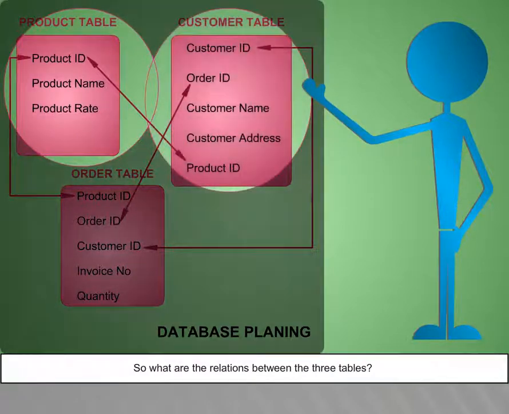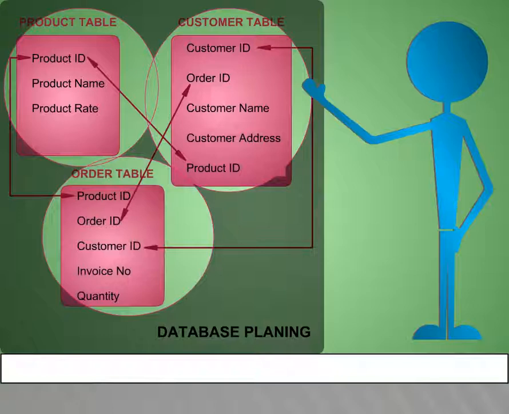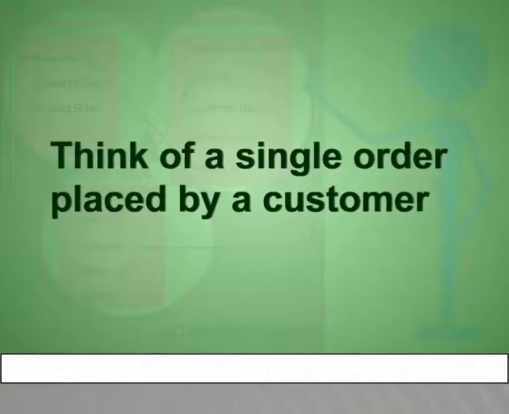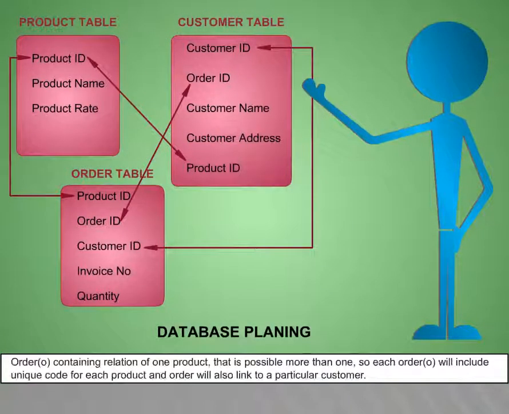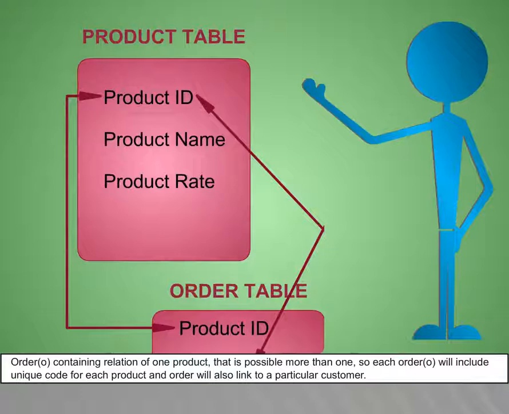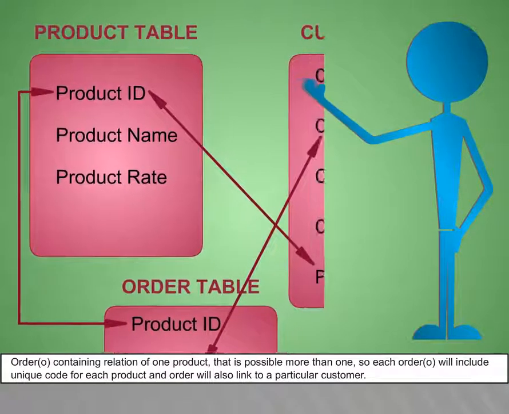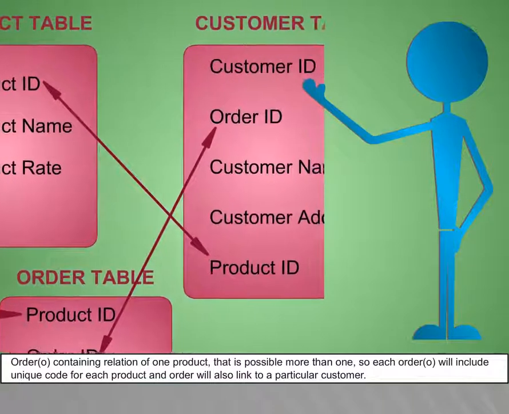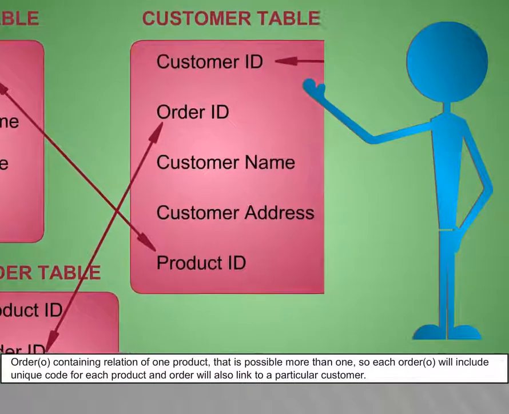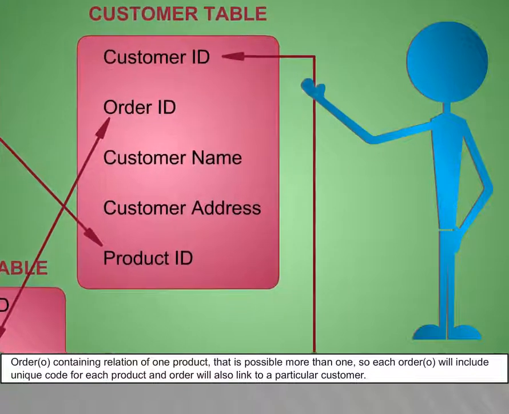So, what are the relations between the three tables? Think of a single order placed by a customer. An order, that is O, contains one product, possibly more than one. So, each order will include a unique code for each product, and the order will also link to a particular customer.